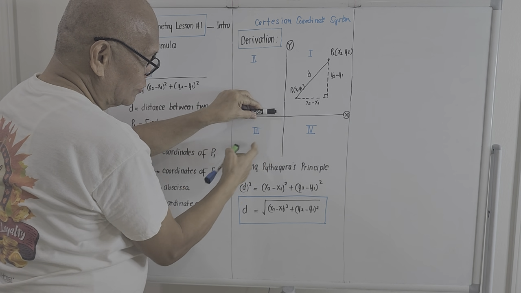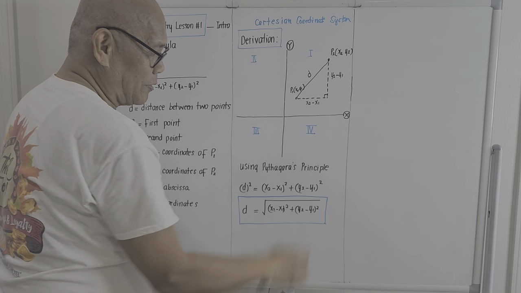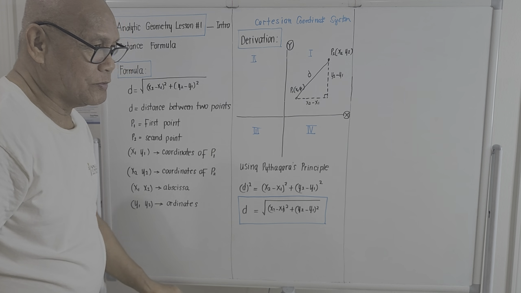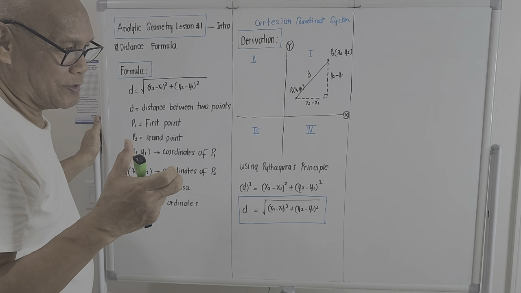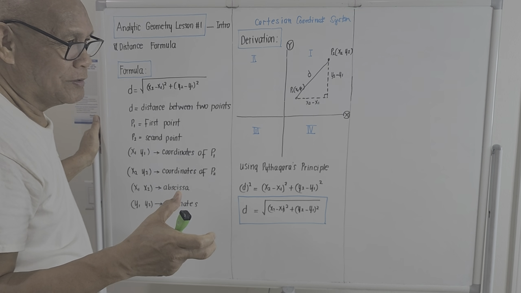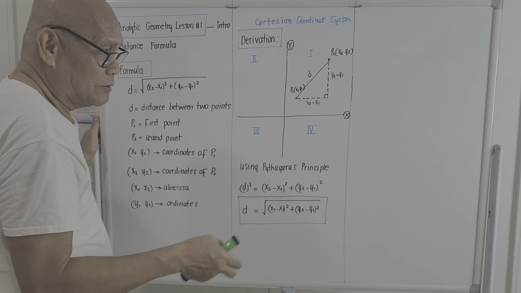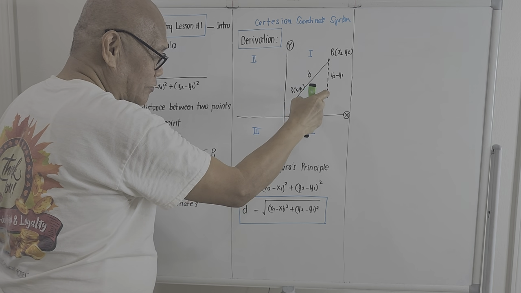This portion should be quadrant number 3. And this portion here will be quadrant number 4. So at least we will know how we plot a point on all the quadrants. If a point is located on the first quadrant, of course, the abscissa and the ordinate fall under quadrant number 1.